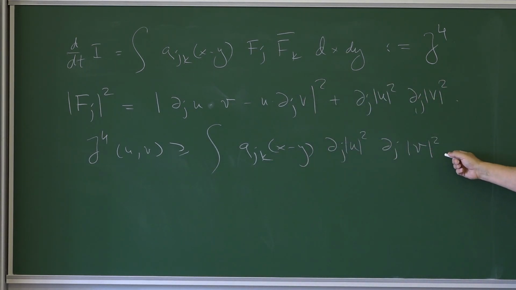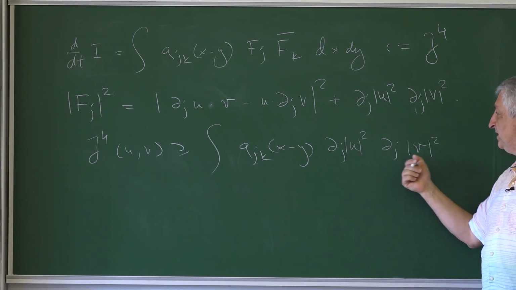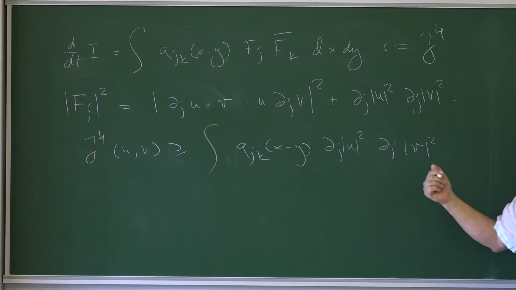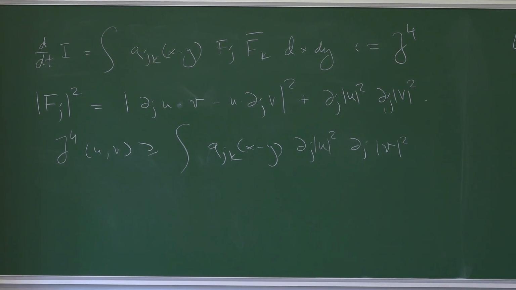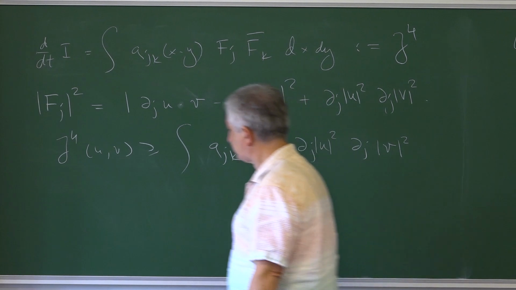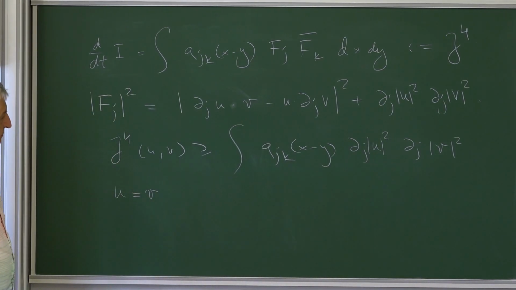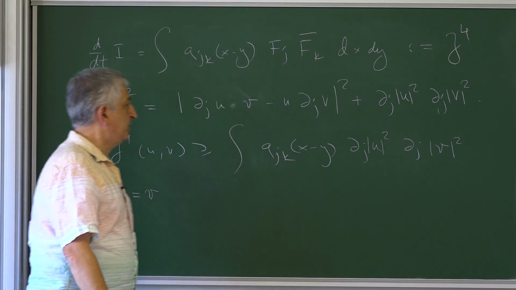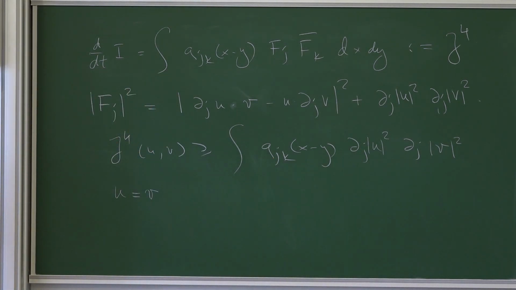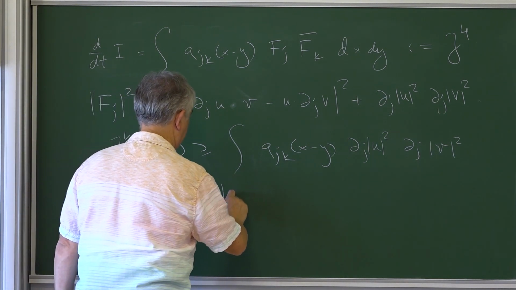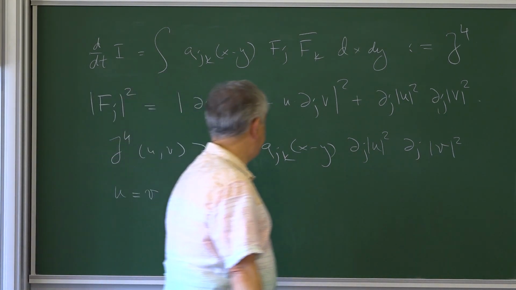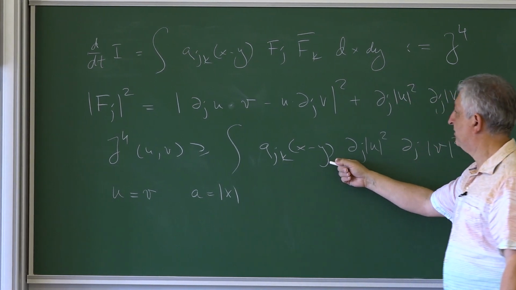You'd like to take advantage of this, but to take advantage of this, you need to have a sign. And the way you can get a sign in here is if you assume that u is equal to v, which is something we're also going to run into a little bit later. But if we set u equal to v, and if we make a reasonable choice for this a, so we take the simplest convex function which is Lipschitz, the absolute value of x, then you have some homogeneity, right? This is homogeneous of order minus 1.